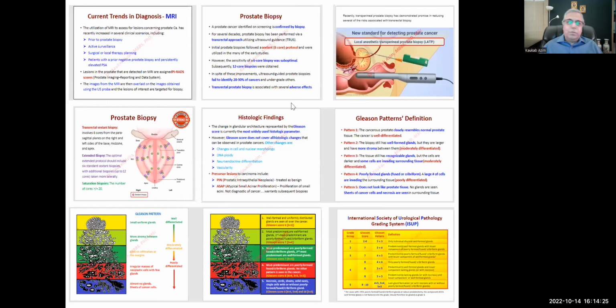So what we have done so far is we looked at the utilization of MRI in prostate cancer. We said that it is very useful in certain clinical scenarios related to prostate cancer. We looked at the prostate biopsies, and we said that we now obtain more biopsies, and that rectal biopsies have problems like bleeding, hematuria, or UTIs.